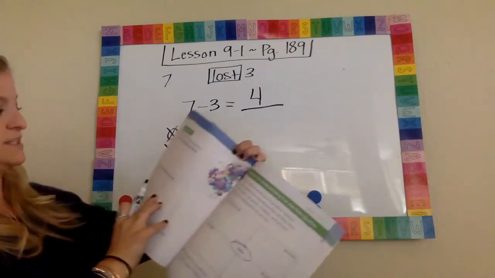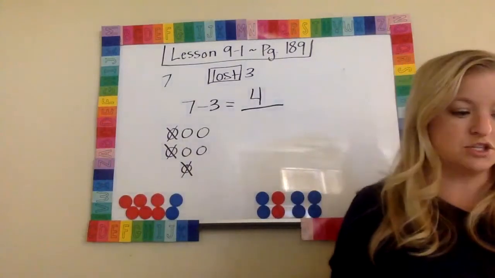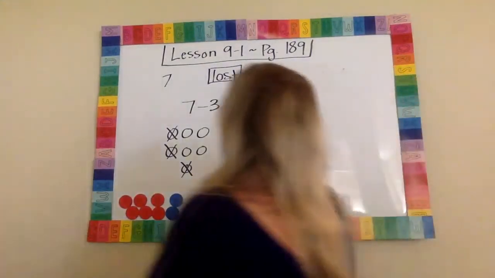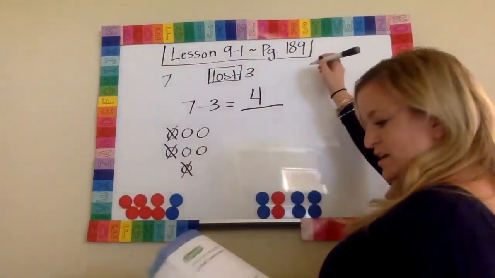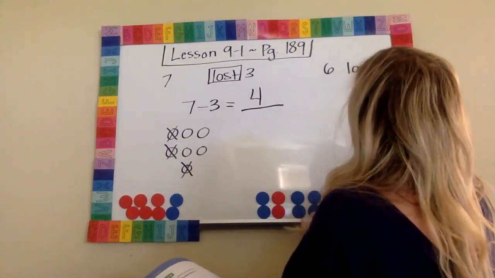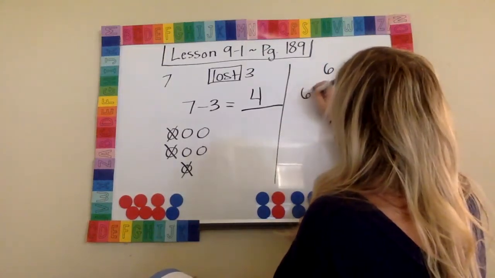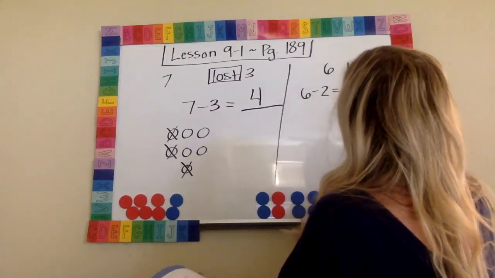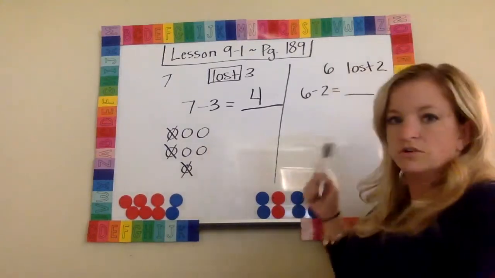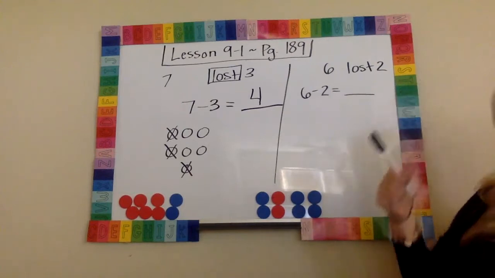The next part says D had 6 beads, but she lost 2. So I'm going to do D's over here where it says she has 6 beads, lost 2. So here's my line, so you know which one it is. 6 minus 2 equals, that's your equation, right? We had our 6 beads, we lost 2. That means they go away. We're subtracting.